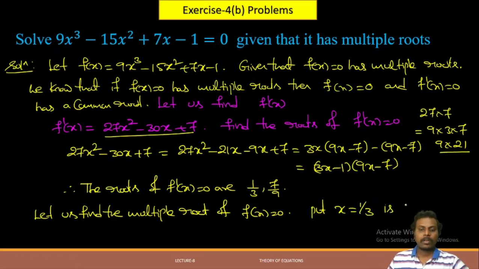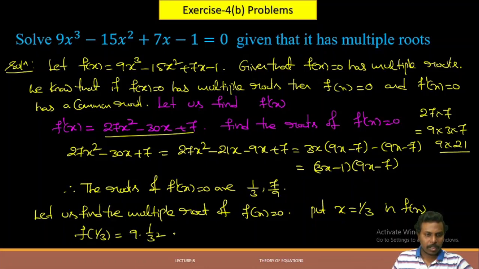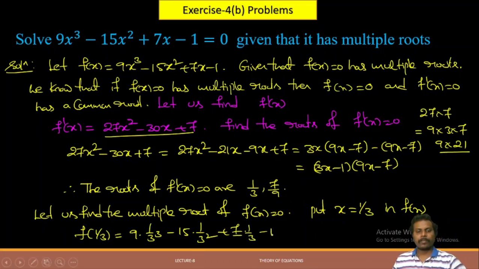Put x is equal to 1 by 3 in f of x. So f at 1 by 3 is equal to 9 into 1 by 3 whole cube minus 15 into 1 by 3 whole square plus 7 into 1 by 3 minus 1.